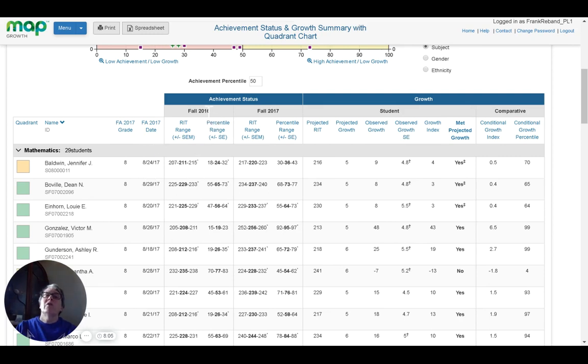Then it shows both the fall 16 and fall 17 assessments, so I'm comparing scores for those two assessments. It shows the projected RIT based mathematically on what Jennifer scored in fall of 2016. NWEA can project out a possible RIT based on her score and assuming the same sort of growth over the length of time.